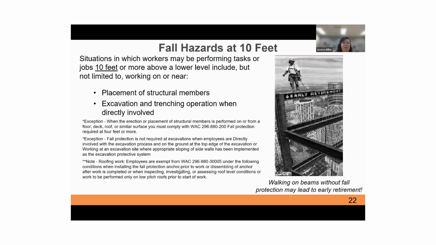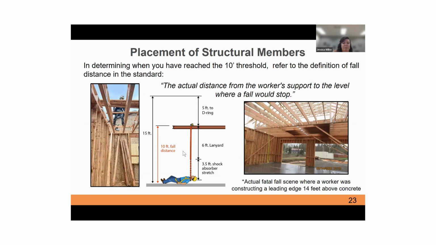There's a lot of information on this slide, but the next slide will cover this a little bit better for your purposes. When you're determining if you met that 6-foot or 10-foot threshold, you're looking at the actual distance from the worker support level to where the fall would stop.